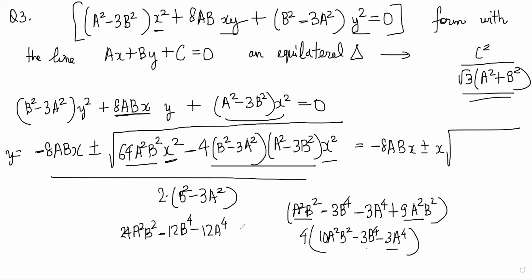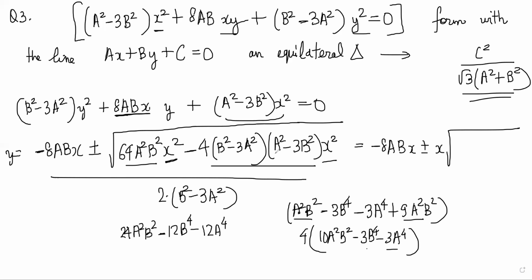Something like this. So this is basically, you can take 4 common from here, and 2 will come out here. Have we done the multiplication correctly? Yeah, it's correct only, I think. b square a square minus 3a power 4 minus 3b power 4 plus 9, so 10 will come, and minus 4 times 10 is minus 40, so plus 24.